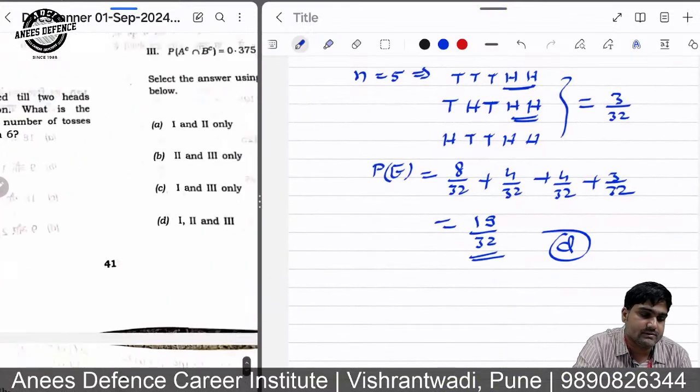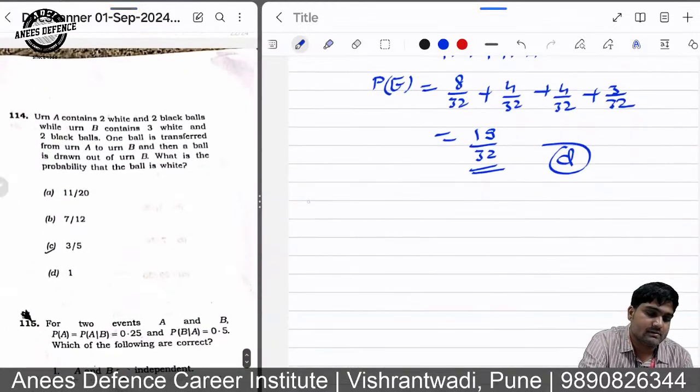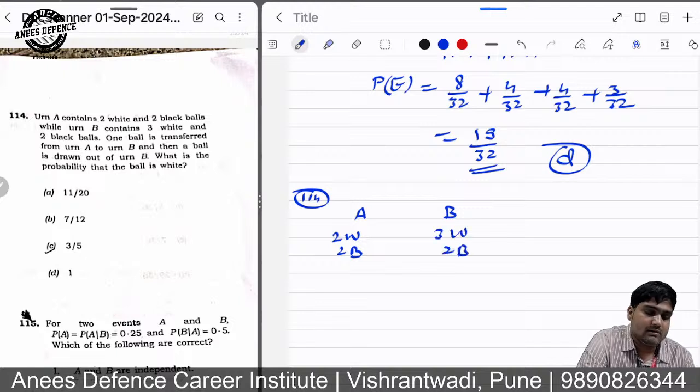Let's move to the next question. Question number 114. This question is based on total probability. There are two urns, A containing 2 white and 2 black balls, and B containing 3 white and 2 black balls. One ball is transferred from A to B, and then a ball is drawn from urn B, and that is a white ball.